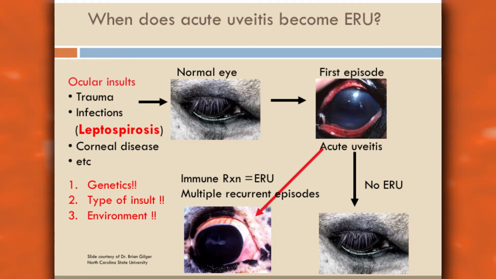So now that you understand a little bit about uveitis, let's talk some now about leptospirosis. Because I think if you survey all the literature that's out there, and of course all the literature has come from all over the world, and we've got desert out here where you're probably not going to see a whole lot of leptospirosis. And where I live, you're going to see pictures of that in a little bit.